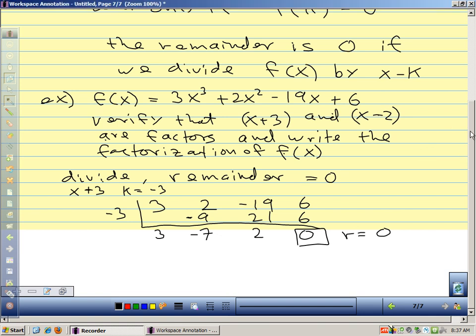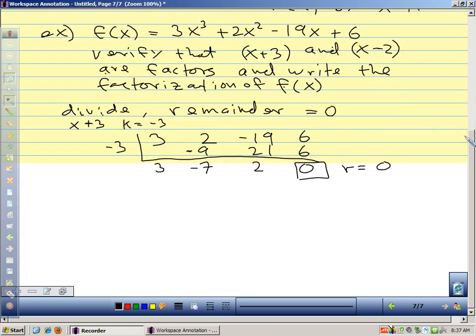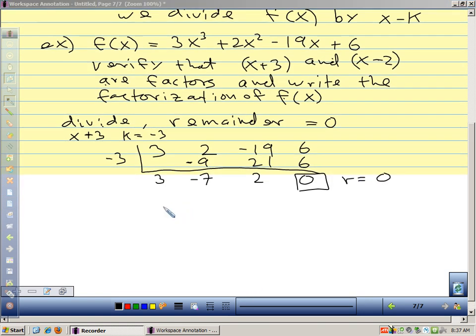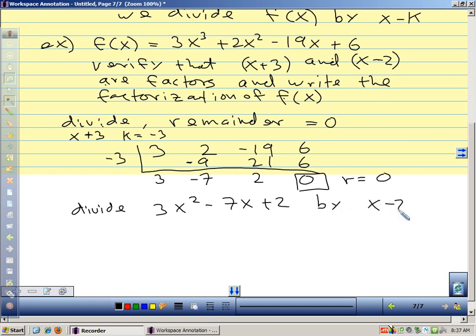So my new polynomial is 3x squared minus 7x plus 2. And I'm going to divide this by x minus 2. If this is a factor of the original, it's going to be a factor of this also.